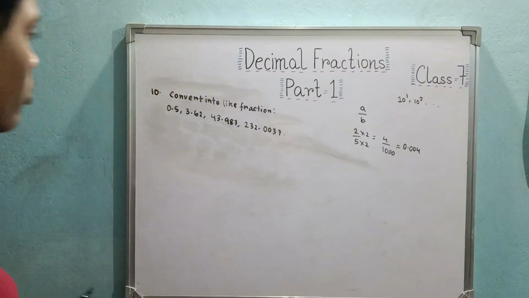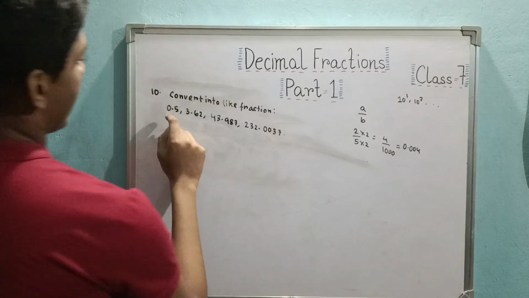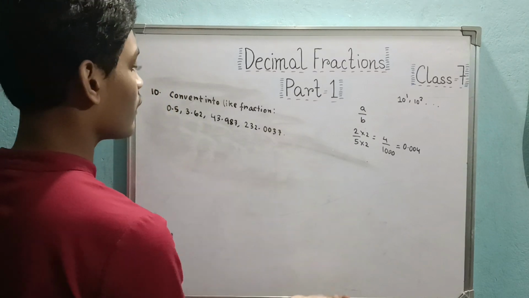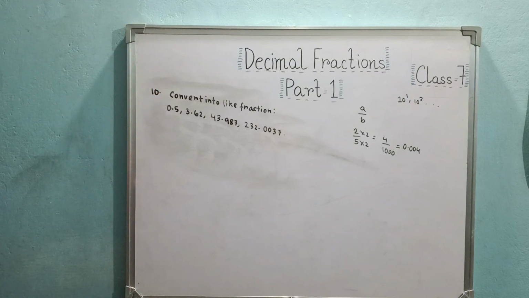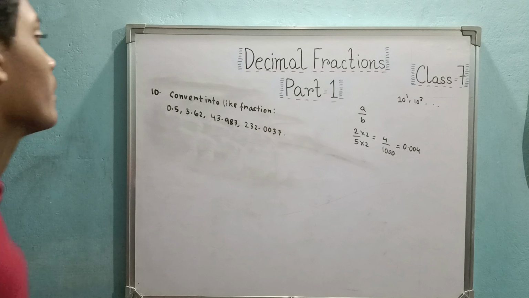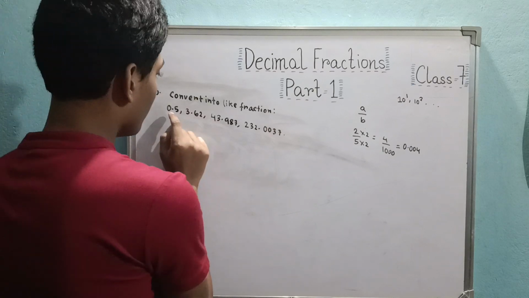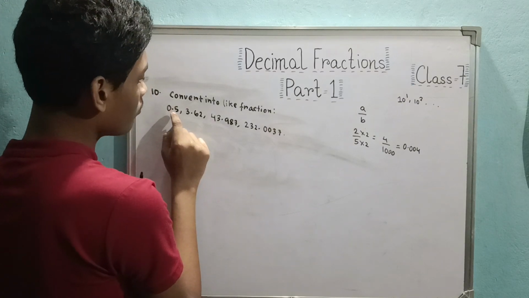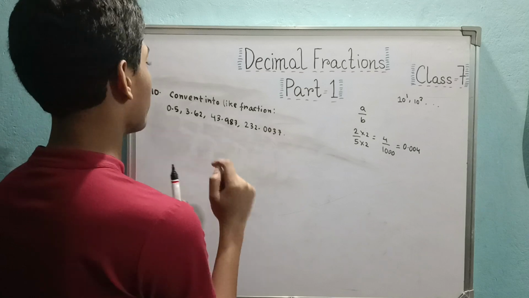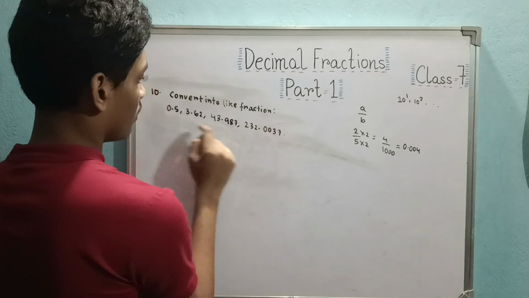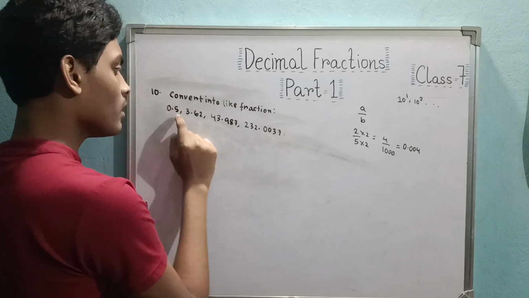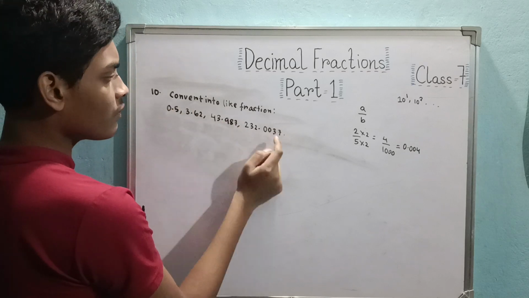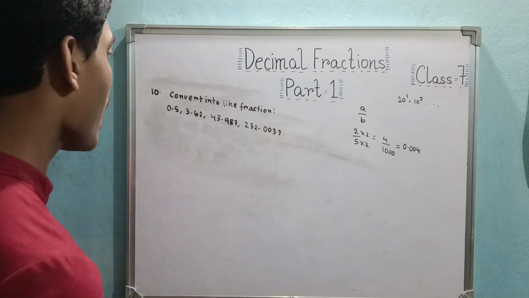You learned one thing, no? After the decimal point, after any numbers, if zeros are there, you have to neglect those zeros. But here what you have to do now? To convert to like fractions, after the decimal point, you have to make the number of decimal places the same for each one. How can you do that?